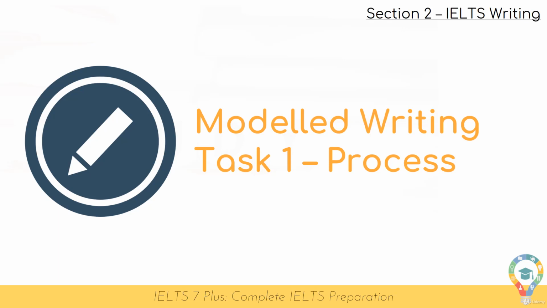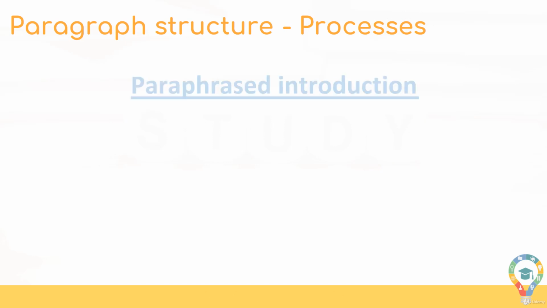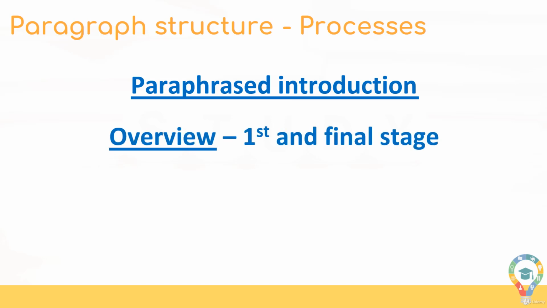And first up, we're going to take a look at the paragraph structure that we will use for a process question. And I should start off by saying that it does pretty much largely remain the same as what you would do for any of the other Task-1 questions. So we have our paraphrased introduction.